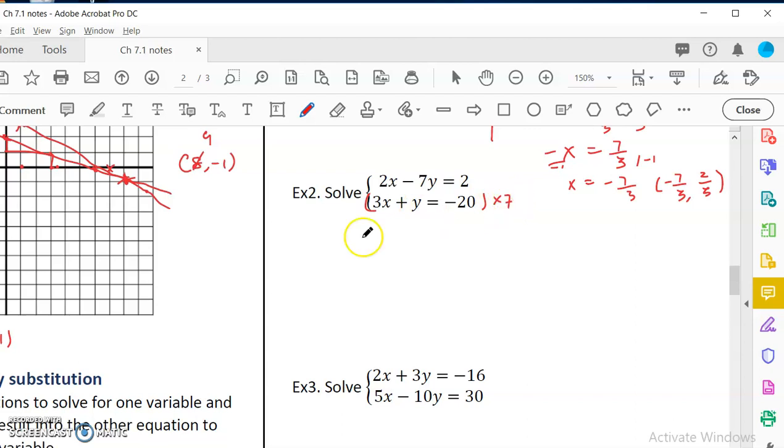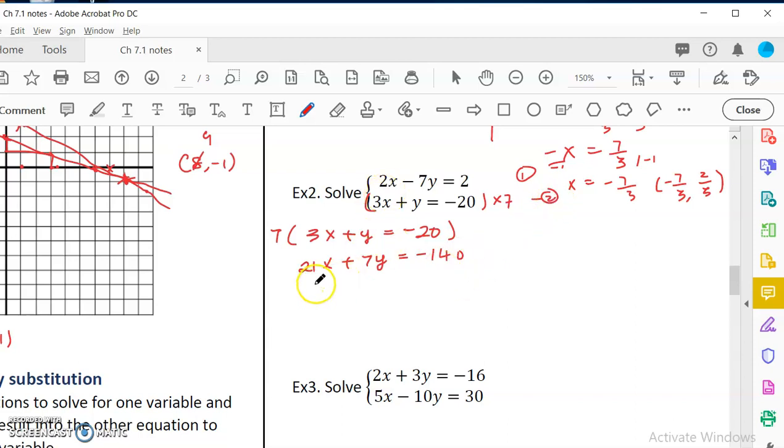In this case, I'm going to multiply equation 2 by 7. So 3x plus y equals -20. This is kind of the planning process. So 21x plus 7y equals -140. That is our new equation 2.